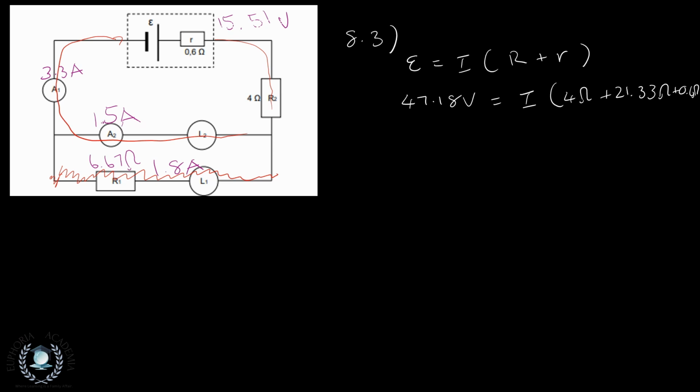And after doing some maths, we're going to find that the current now flowing through the circuit, the current will not split, it will flow through all the components and will be the same, and that we're going to find as 1.82 amps. Now, if we compare it to what we had before, our I2 was actually 1.5 amps.